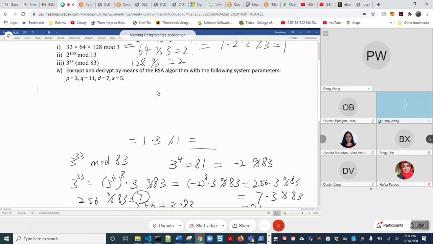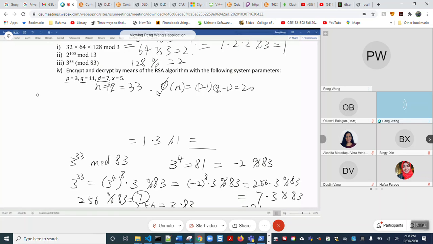Here we are given P and Q, so we can directly calculate N. N equals P times Q, which is 33. And phi N is P minus 1 times Q minus 1, which is 20. And here we get D.